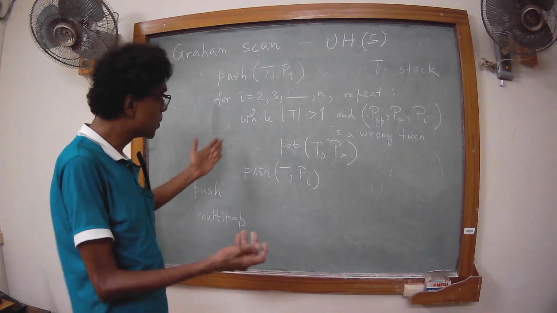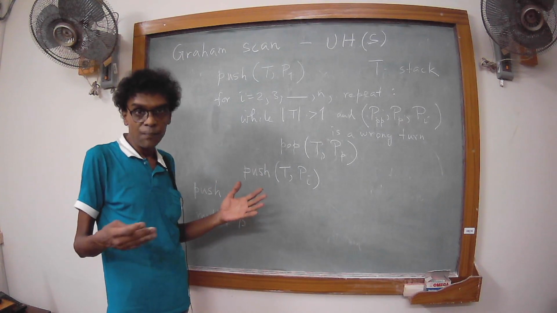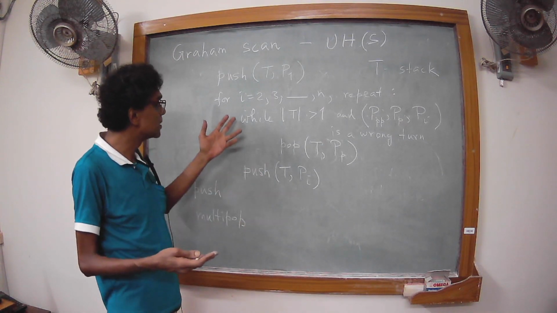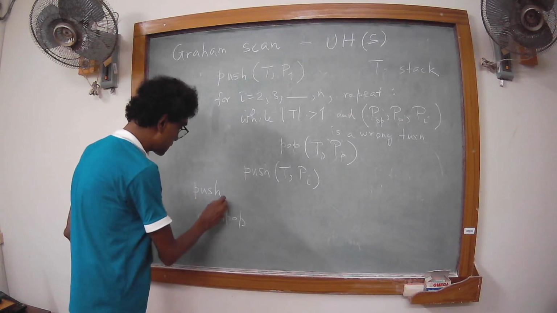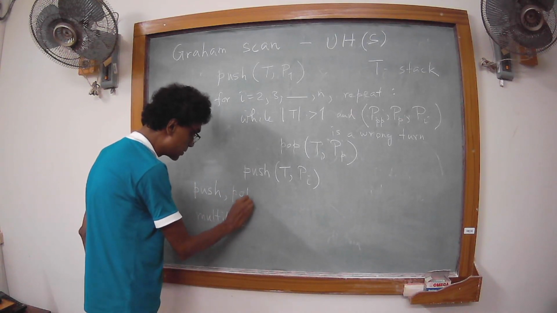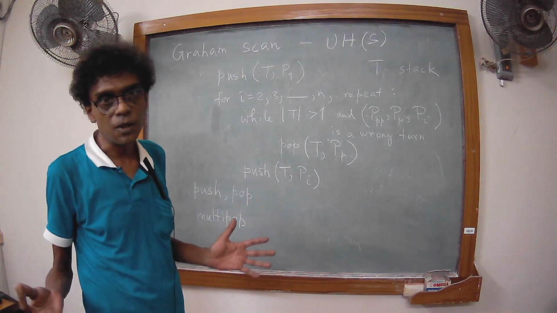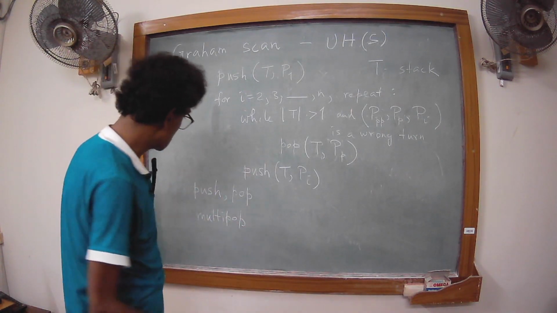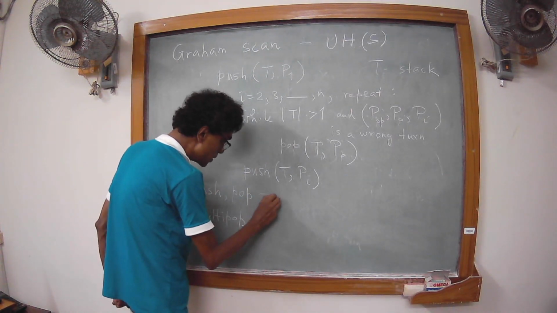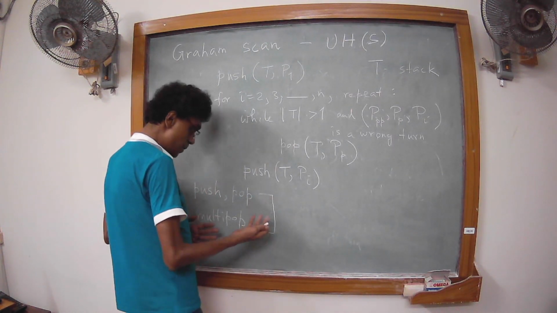In fact, this is a way of arguing that the running time is big O of n. But you have also seen that for a stack supporting this and this, its amortized running time is big O of 1 per iteration. So you can view this in many ways.